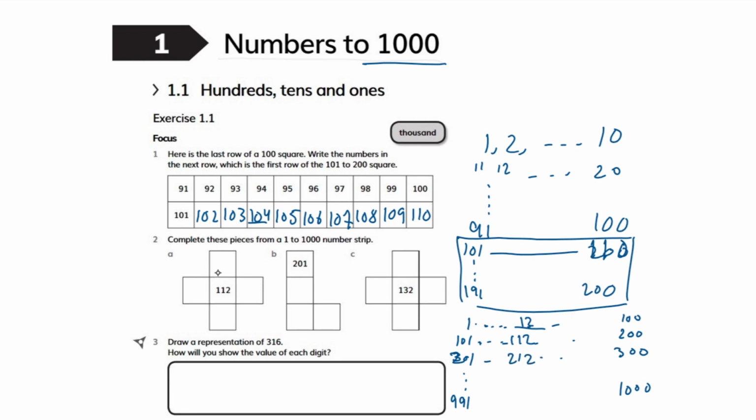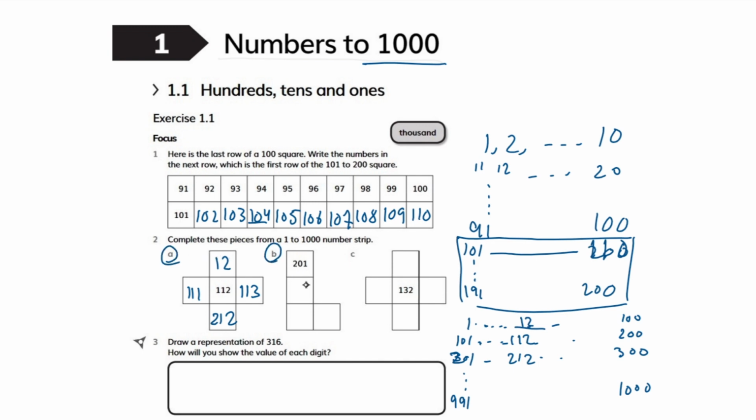So the number which comes above 112 is 12. The number which comes below 112 is 212. The number that comes to the left of 112 is 111, and to the right of 112 is 113. This is all about part A.